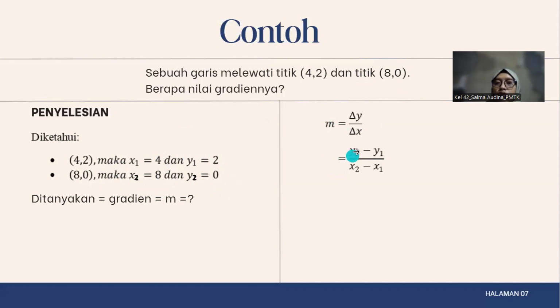m equals y2 minus y1 divided by x2 minus x1 equals, y2 is 0, so we write 0 minus y1, 2, divided by x2, 8, minus x1, 4, equals 0 minus 2 equals minus 2, and then 8 minus 4 equals 4.